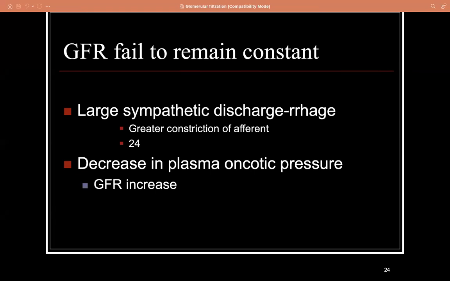If you decrease it, the hydrostatic pressure remains the same, and the net filtration pressure is going to be very high. So the GFR will increase. So we are looking at what are the factors that make GFR fail to remain constant.